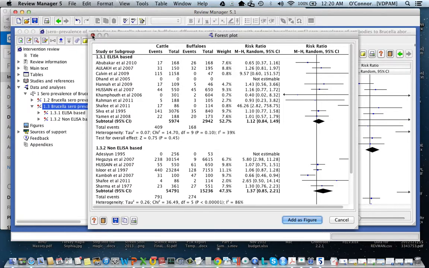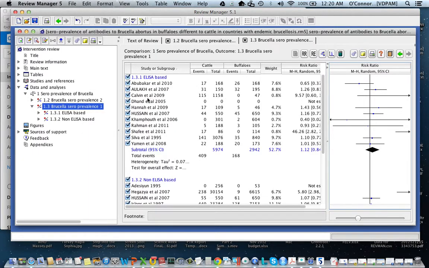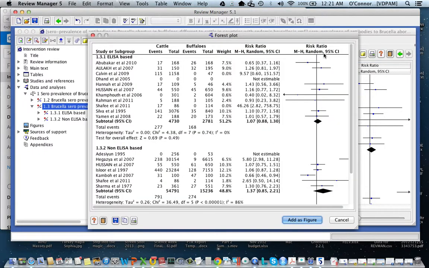So I'm going to close it now and do my little bit of a sensitivity analysis. I'm going to remove this Calvin study just so I can see what's going on. Did I remove the right one? Yes. And then look at my figure again. And you can see here that those two studies were driving almost all of the variance. It didn't change the summary effect measure at all, but they were really explaining the variance.